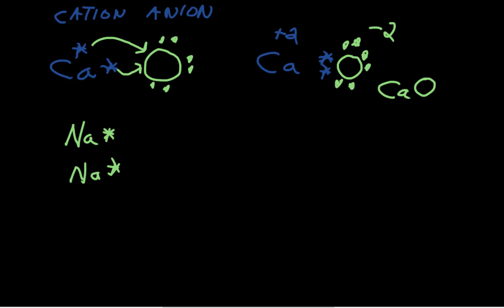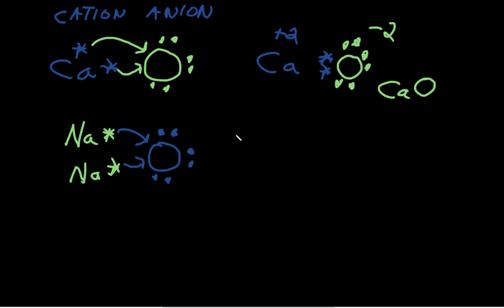Oxygen, on the other hand, has 6, so oxygen is going to want to pick up 2. The sodium electrons are going to be attracted to the oxygen. It has a great affinity for these.